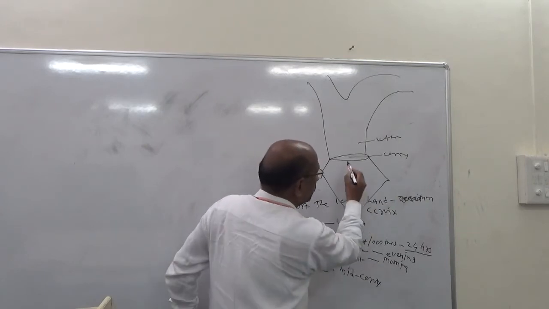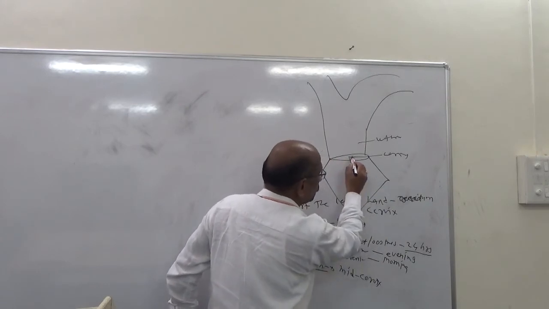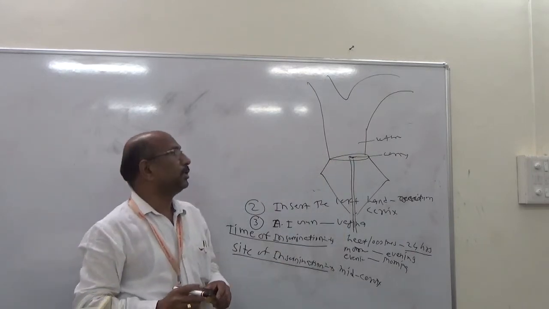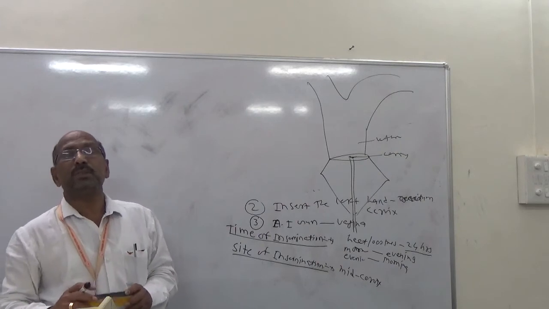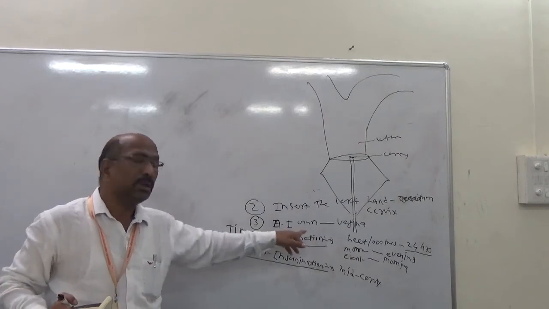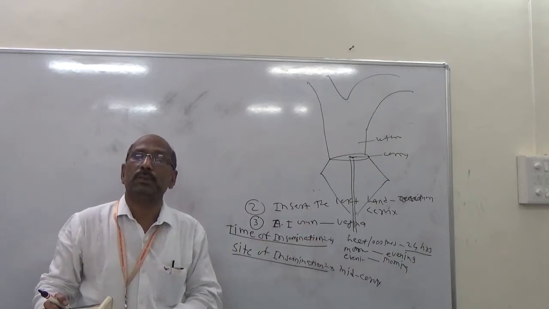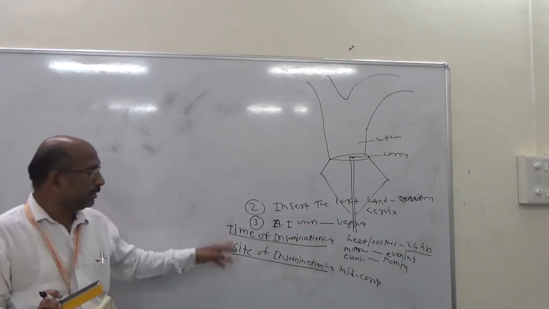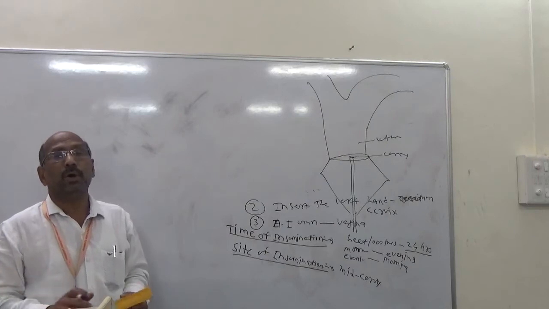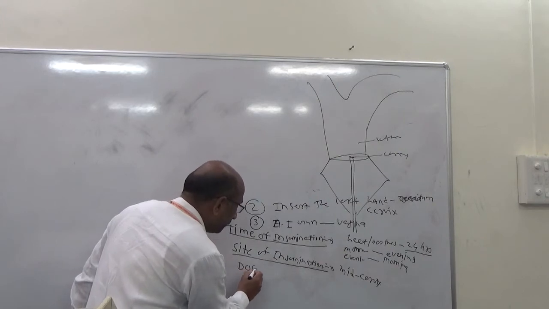The AI gun is inserted into the vagina and placed in the cervix, and semen is deposited in the mid cervix. Maximum fertility is achieved when semen is deposited in the mid cervix. So the middle period of the estrus is the best time, and the mid cervix is the best site for semen deposition for maximum fertility.